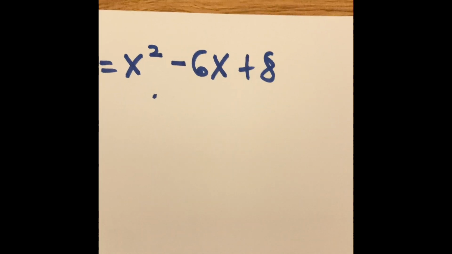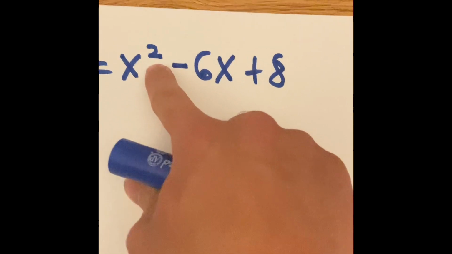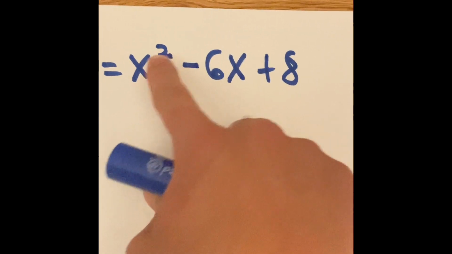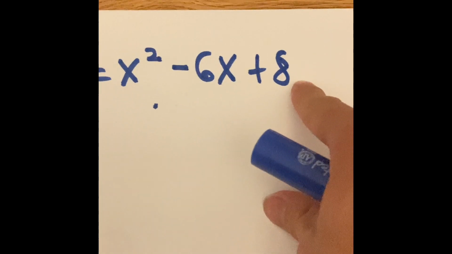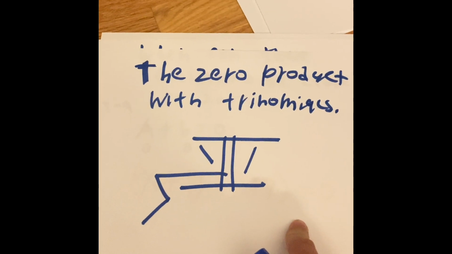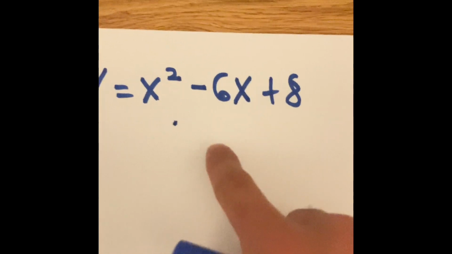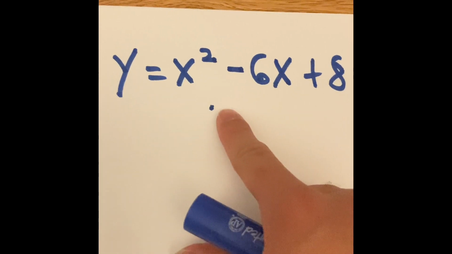So right here is an example of a quadratic trinomial, because we're using the number 2 as an exponent and there are 3 terms. In this scenario, we're going to use the zero product with the trinomial. This quadratic trinomial has a y.